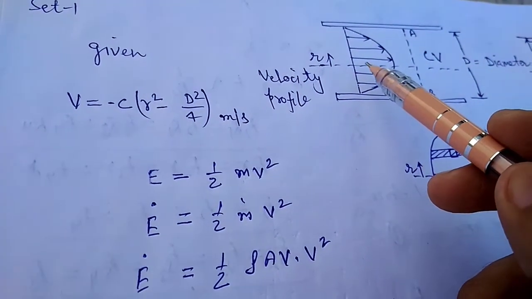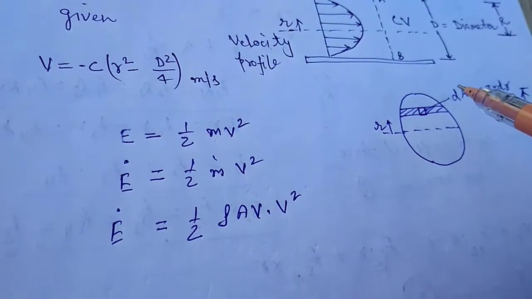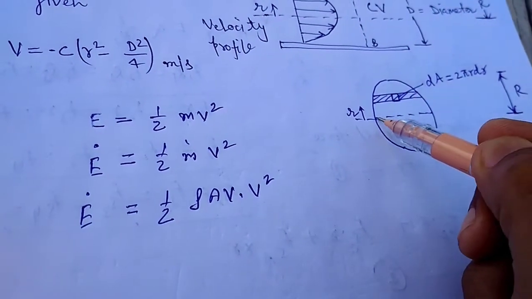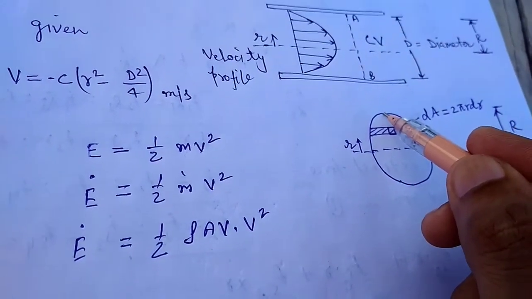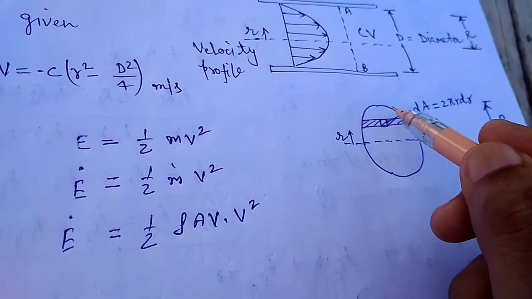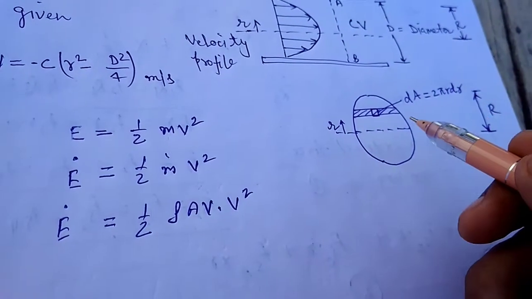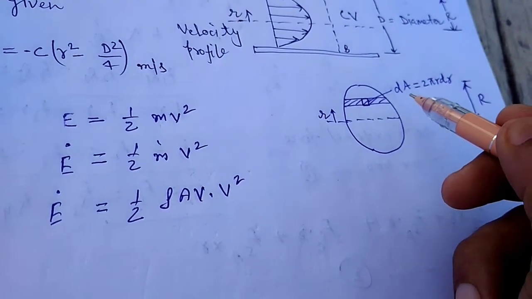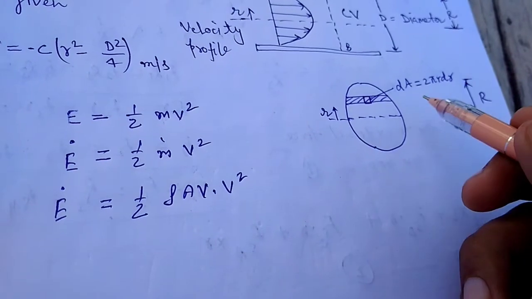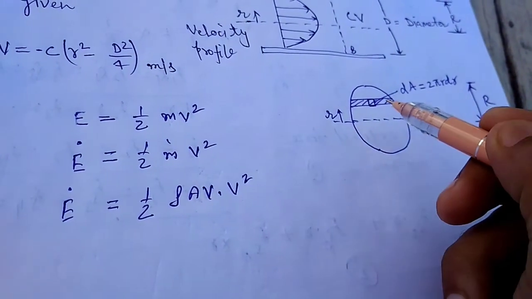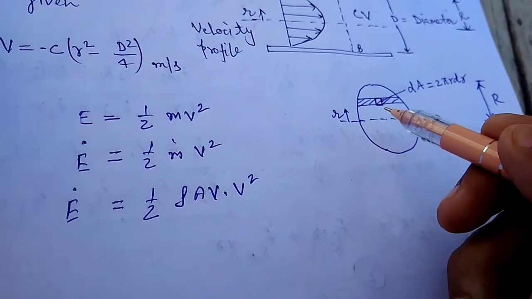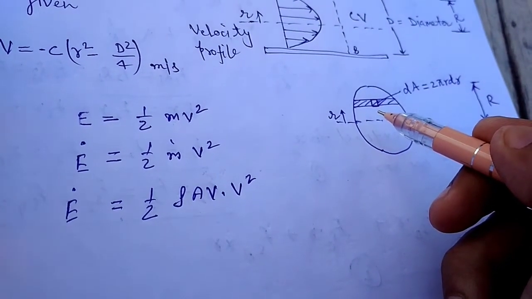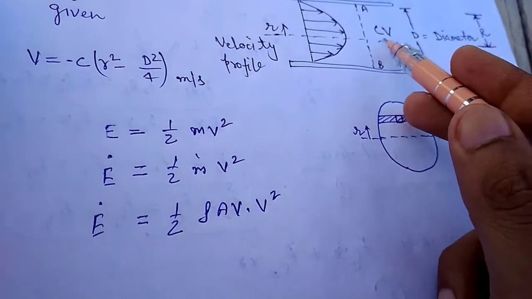So we will take a strip which will move from the center line to the circumference of this circle. Firstly we will calculate the kinetic energy of an elemental area, and then we will calculate the rate of kinetic energy of all the fluid particles within the control volume.